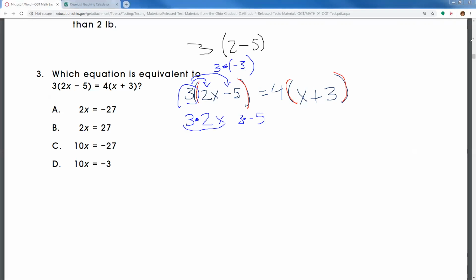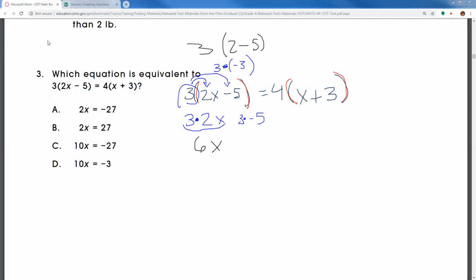So what do we get when we do the 3 times 2x? Well, we get 6x. Very good. And then the 3 times negative 5. Would it be 15?